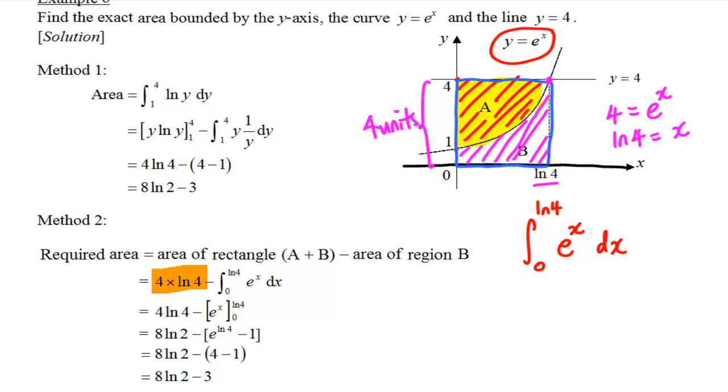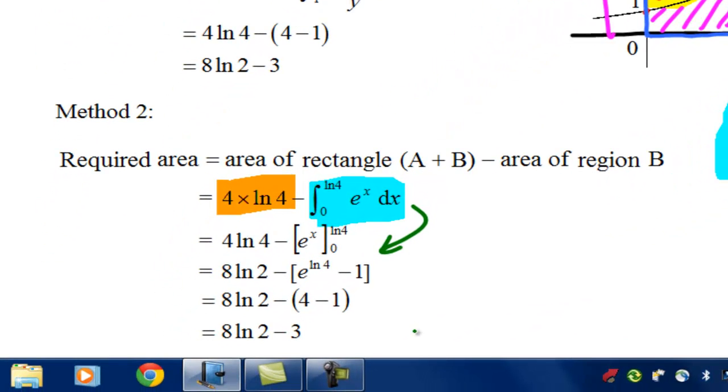Essentially, this integral here is what you've seen here. Finally, working out the next few steps, substituting ln 4 in, minus away substituting 0 into this expression, and doing some calculation, you end up having this as the answer, which is the same as method 1, 8 ln 2 minus 3.